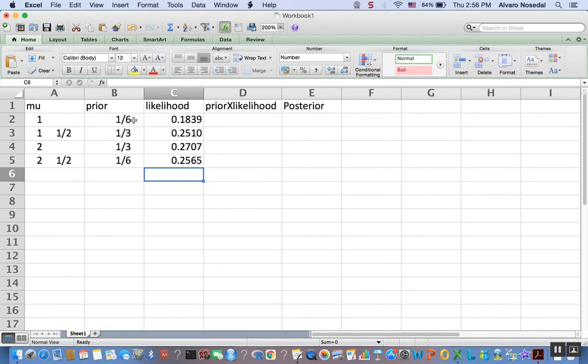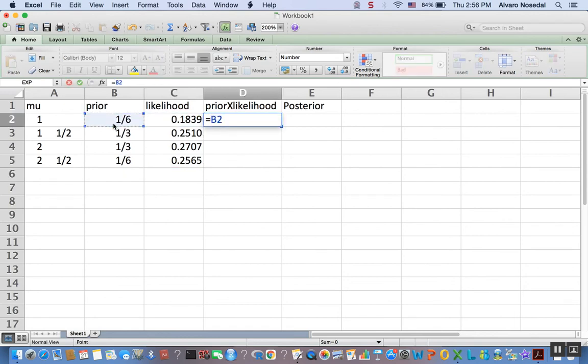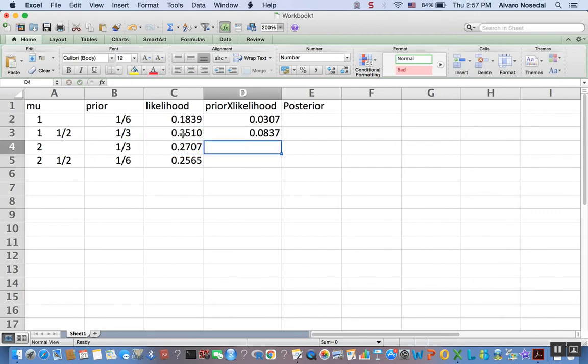And then we will have the product between the second and the third column. So this guy times this guy, right? We do the same for the next one. This guy times this guy, prior times likelihood, prior times likelihood, right? And then we know that when we apply Bayes' theorem, we need that numerator and that denominator.